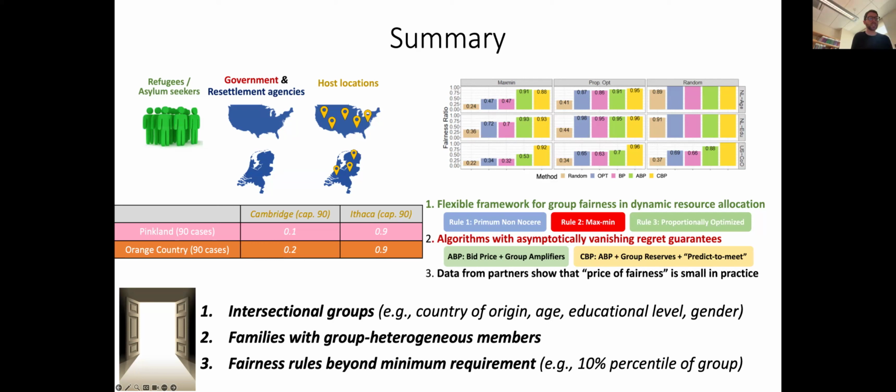And with respect to intersectional groups, you may not just care about country of origin and education level, you might care about intersections between those two. And for those, it turns out that even just defining any of the fairness rules we've considered explicitly becomes a little bit non-trivial. So there, before one even can think about designing algorithms, I think it would be interesting to consider how to even model those aspects.